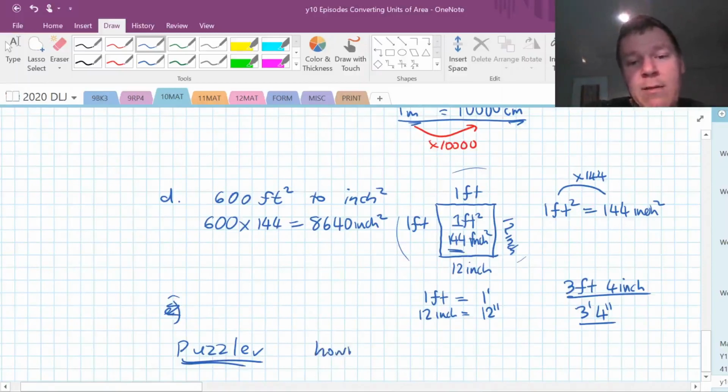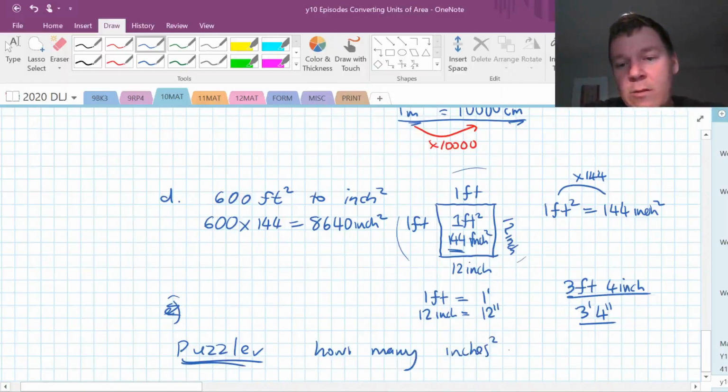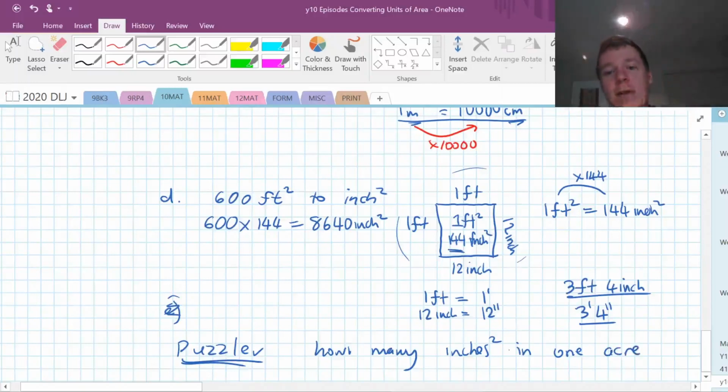How many inches squared in 1 acre? There we go. I think we'll end the lesson there on the video.